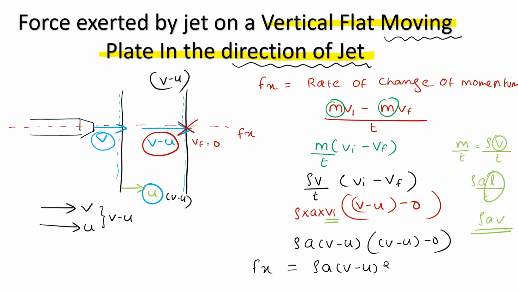This is the force exerted by jet on a vertical flat moving plate in the direction of jet. The second thing we have to find is work done per second, which is actually the work done by jet on the plate. We all know that the work done equation is force into distance.